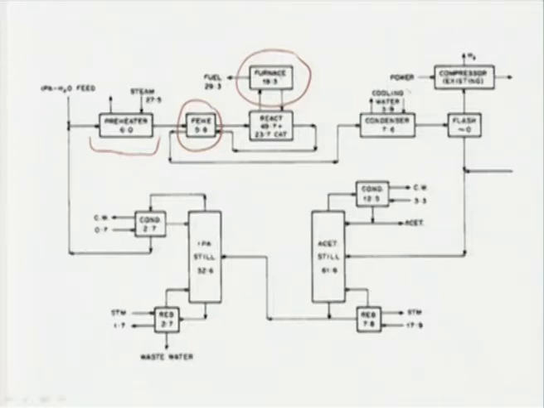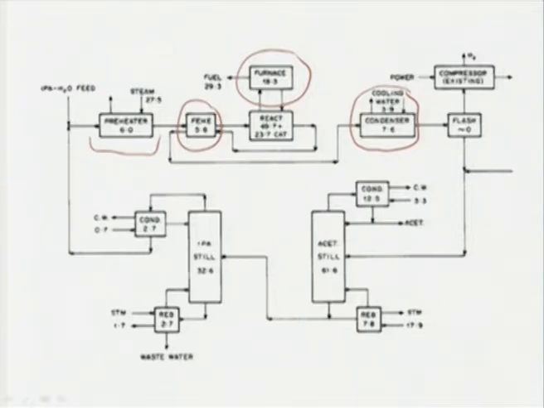You see here the cost of condensing the reaction mixture. The condenser annualized capital cost is $7,600. The cooling water takes $3,900.